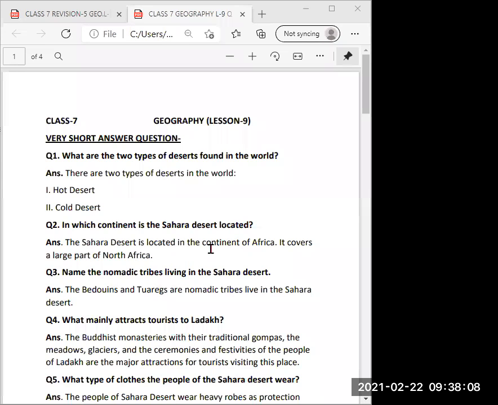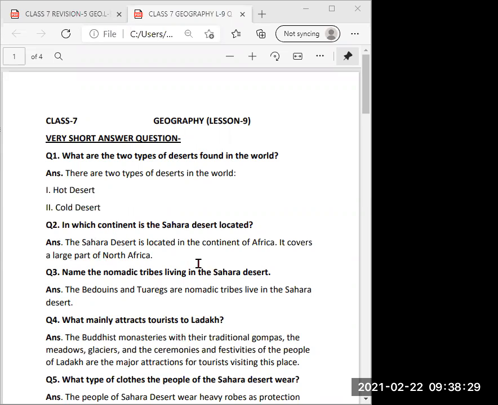Next is, in which continent is Sahara Desert located? Now you know that Sahara Desert you have read about. It is a hot desert. Now which continent is it located in? Sahara Desert is located in the continent of Africa. Repeat after me.